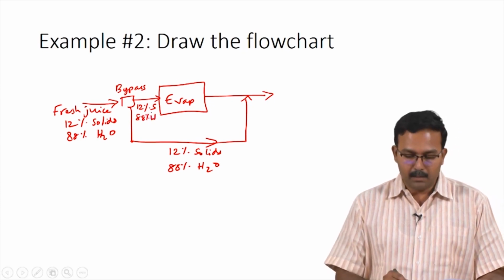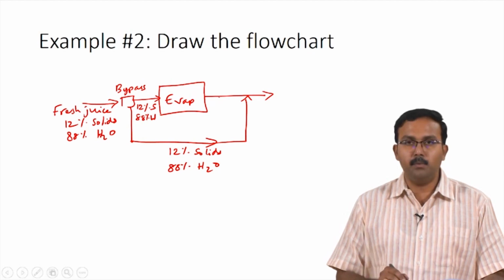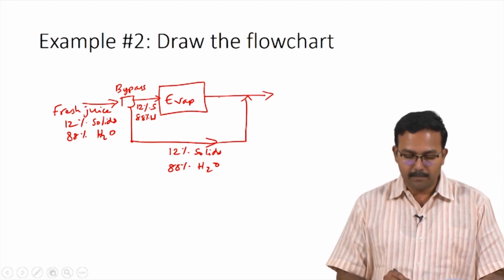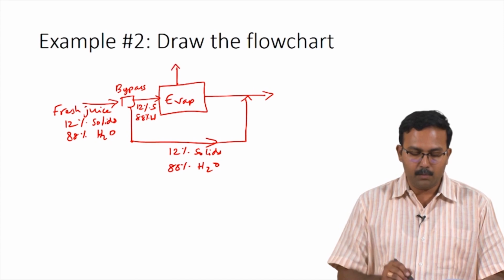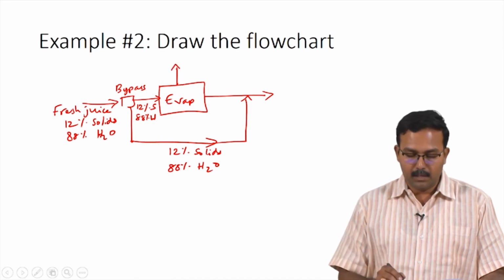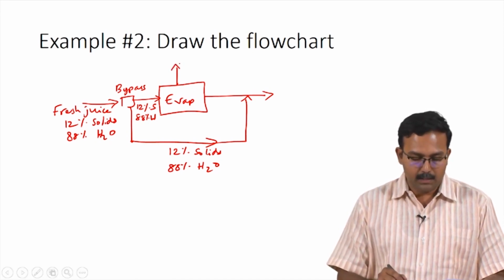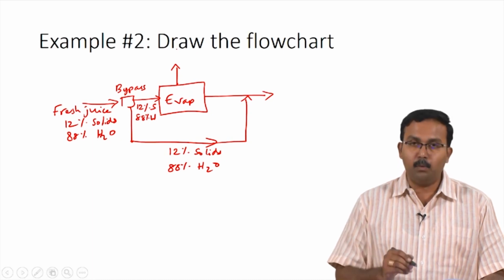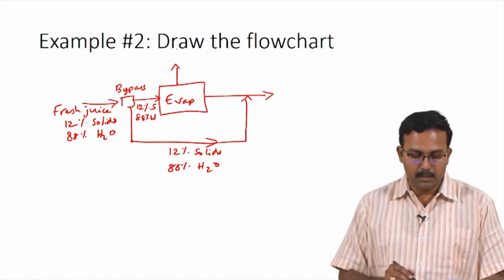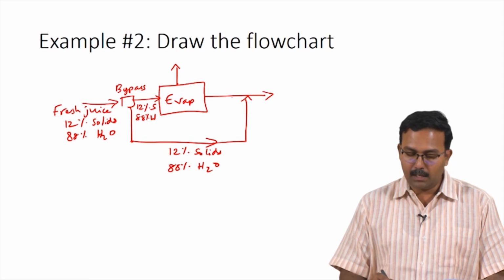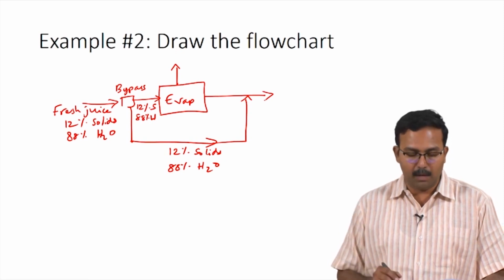The evaporator would have one stream which is the concentrated juice leaving, and you would also have water which is being evaporated. Let us assume that you have water leaving and only water leaving as given in the problem. You also have a concentrated liquid which is leaving the evaporator.